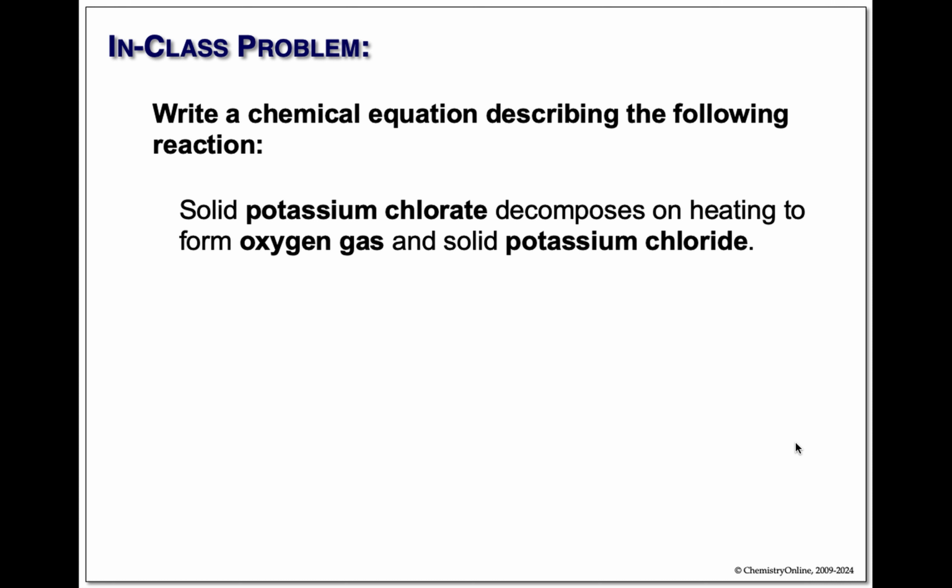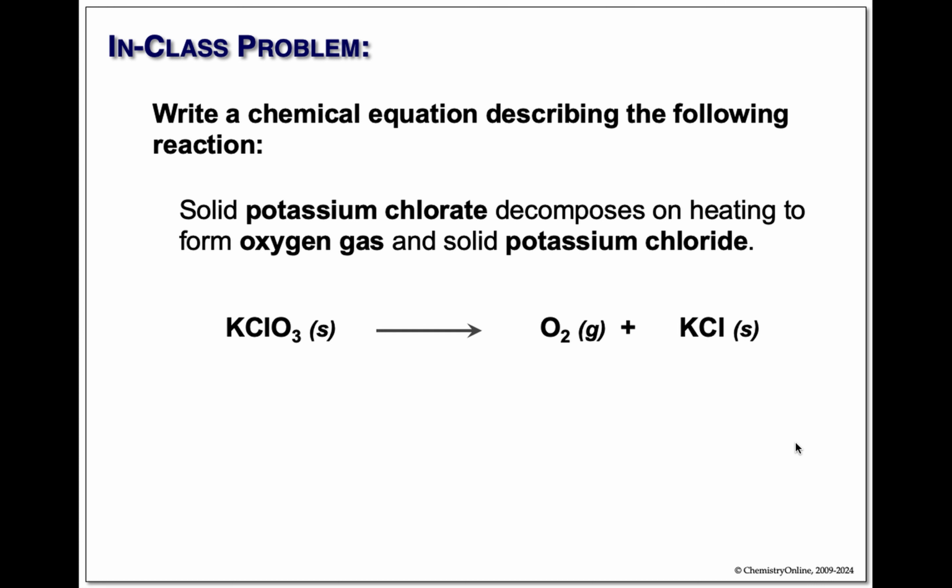It's simply KClO3. KClO3, when you heat it up, you get oxygen gas. Now we remember that oxygen is one of the diatomic elements. So this is O2. And potassium chloride, this is -1, that's +1, simply KCl.